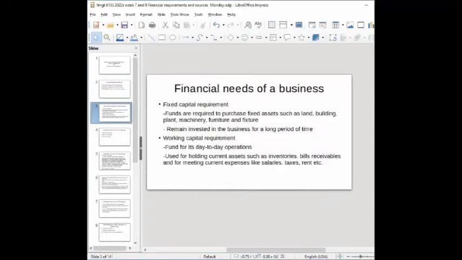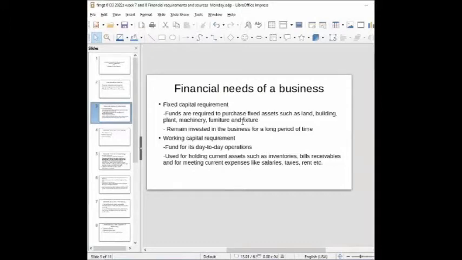The financial needs of a business can be categorized into two. One is the fixed capital requirement, and the second is the working capital requirement. In order to start a business, funds are required to purchase fixed assets such as land, building, plant, machinery, furniture, and fixtures.